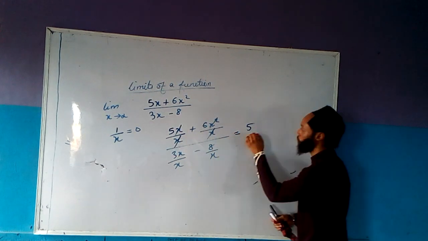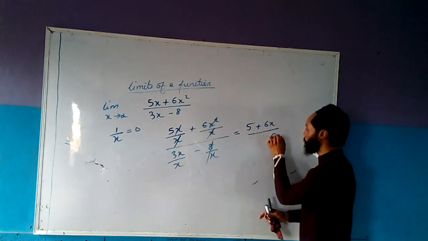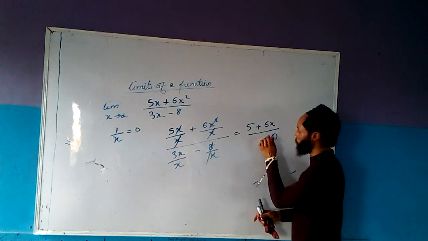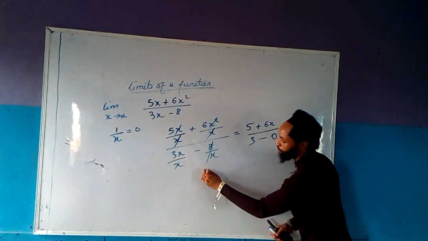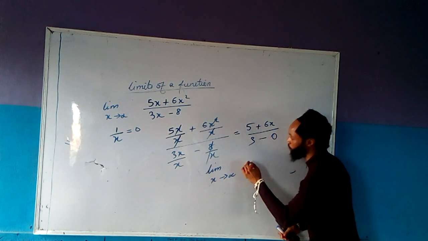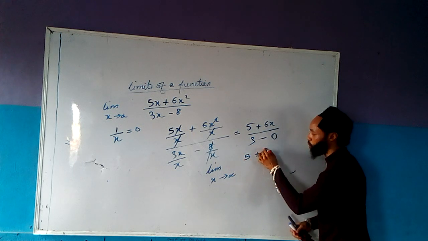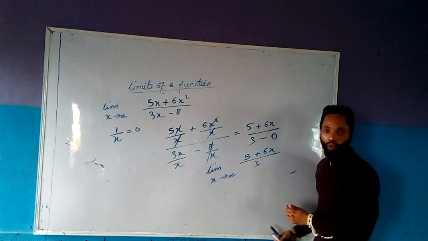This will give us plus 6x. And this will give us a 0, negative, sorry. And this will give us a 3. So, remember, it is the limit as x approaches infinity, and we have 5 plus 6x over 3.